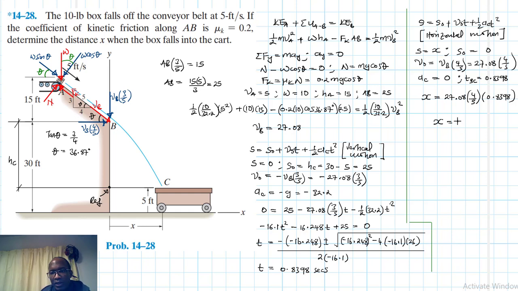So our range is just equal to 18.19 feet. All right. So I guess we are done. We have found distance x where the box will fall into the cut.